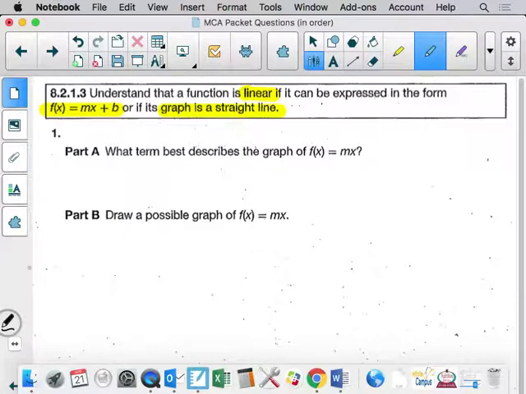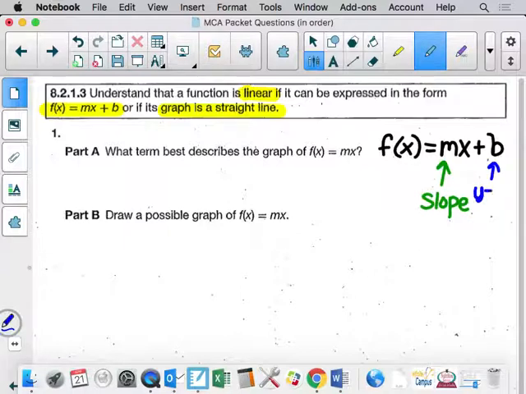Now, part A says, what term best describes the graph of f of x equals mx? Now, I'd like you to notice that f of x equals mx plus b is slope-intercept form, where m is the slope of your line and b is your y-intercept.